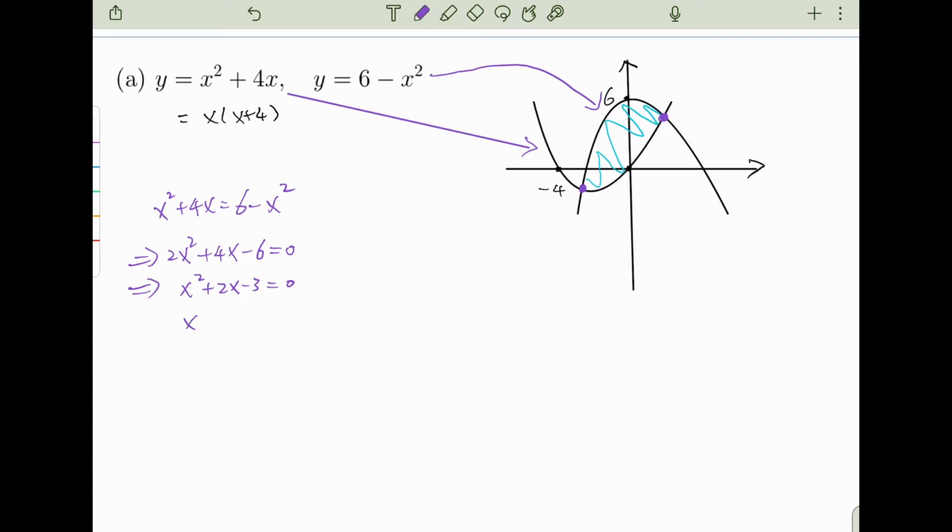And then I have (x plus 3)(x minus 1) equals 0. So this is -3 something, right? And this point is 1 something.